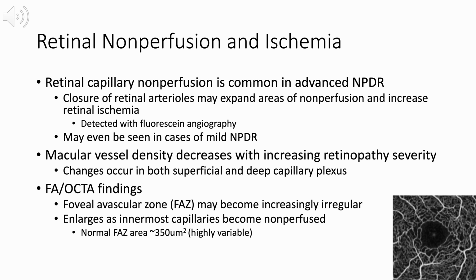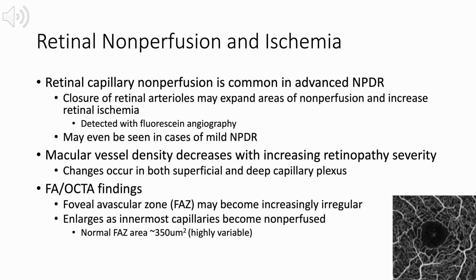Macular vessel density decreases with increasing retinopathy severity, and these changes occur in both the superficial and the deep capillary plexus, consistent with what we discussed in the pathogenesis section. On fluorescein angiography and OCT angiography, one particular structure serves as a sensitive marker of macular perfusion, the foveal avascular zone, or FAZ.